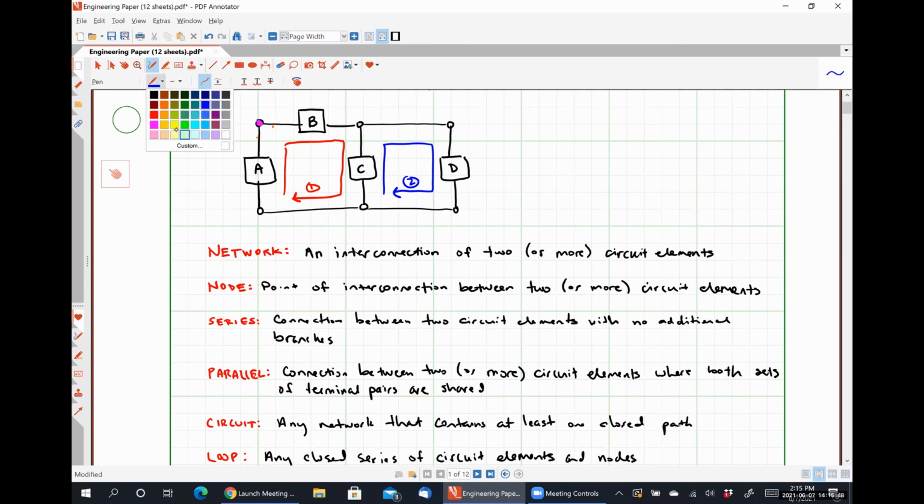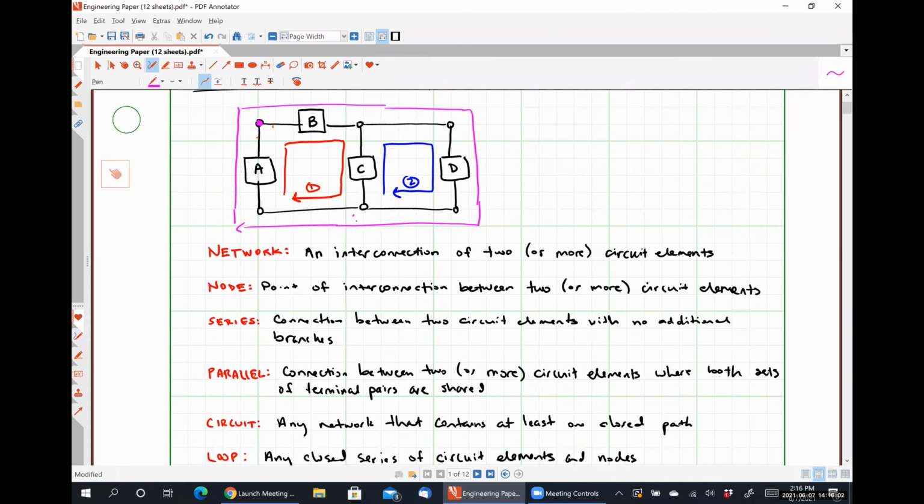We can also consider this one around the perimeter as a loop as well. So there is our third loop. I would be interested to know where the other answers came from, but it's not that big of a deal.